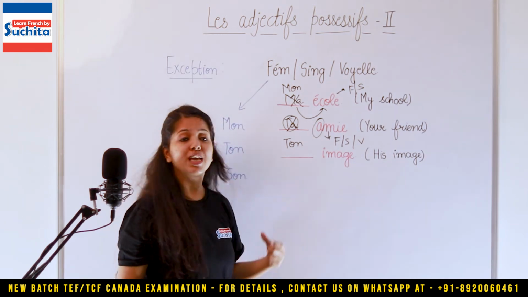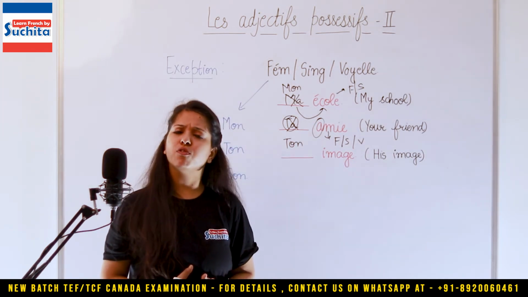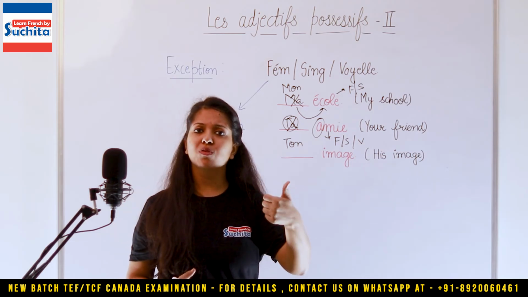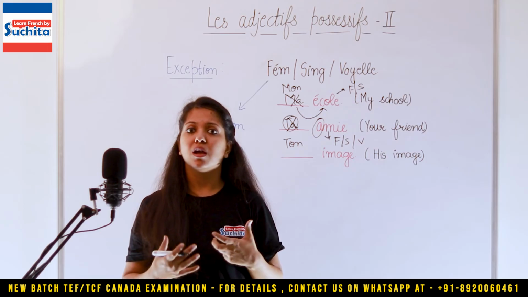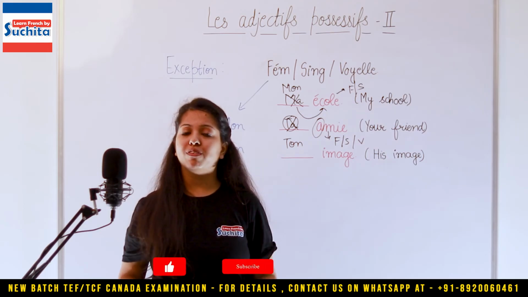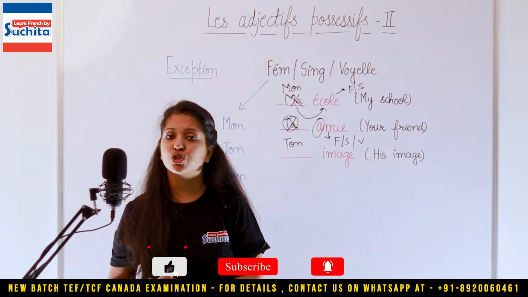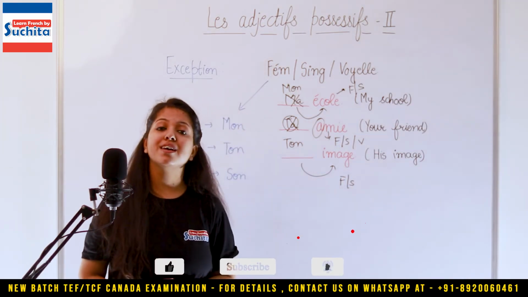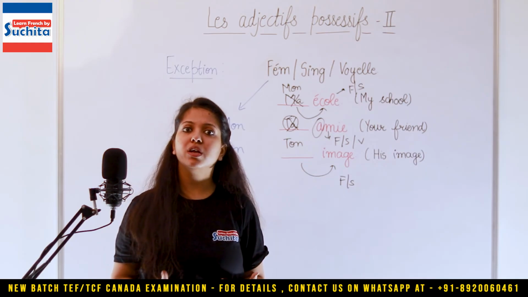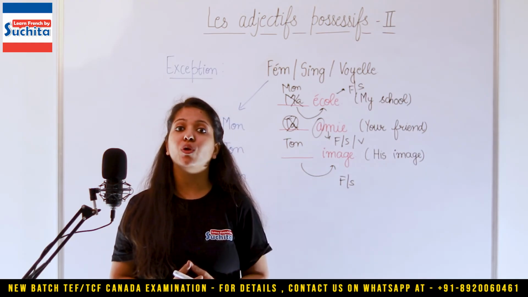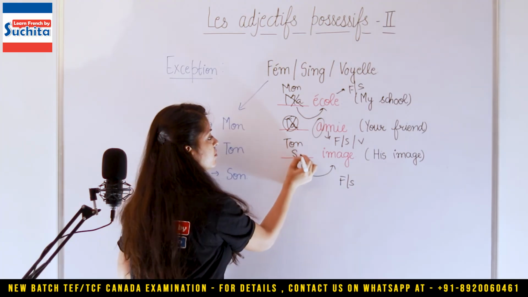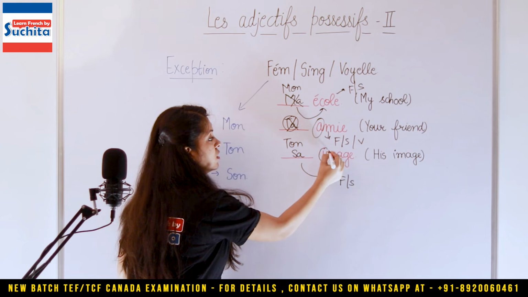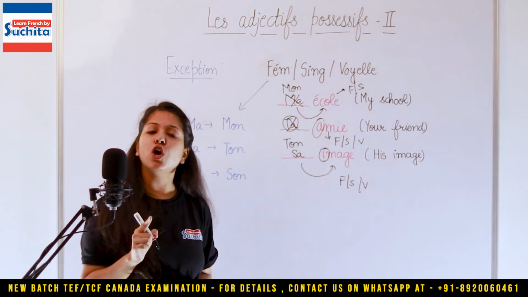Okay. Next, if I want to say his image. For his, you have three different words again. Son, sa, se. For selecting amongst these three, you always look at the word which is next to it. Image. Féminin singulier. So according to the normal rule, under the column of féminin singulier, you have sa. But since image begins with a vowel, you do not use sa.